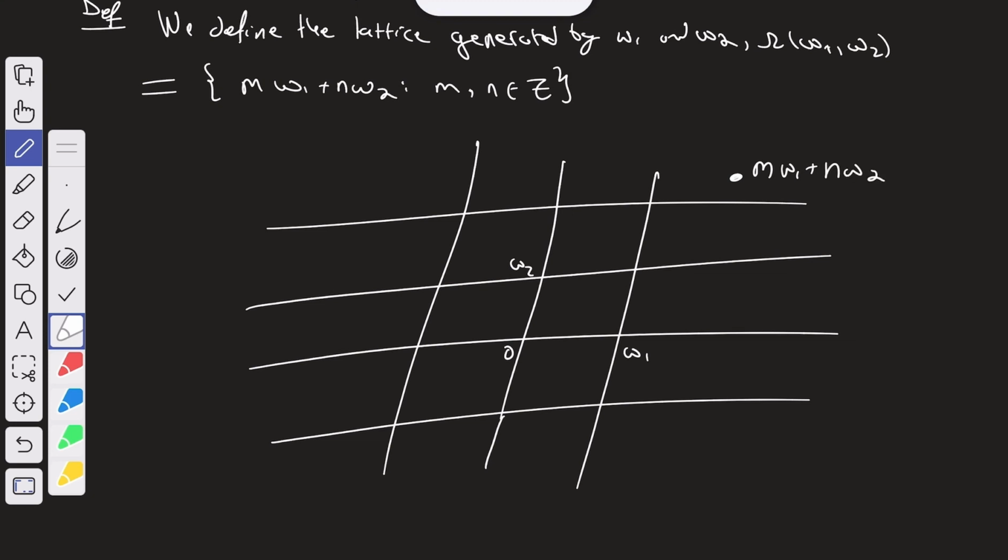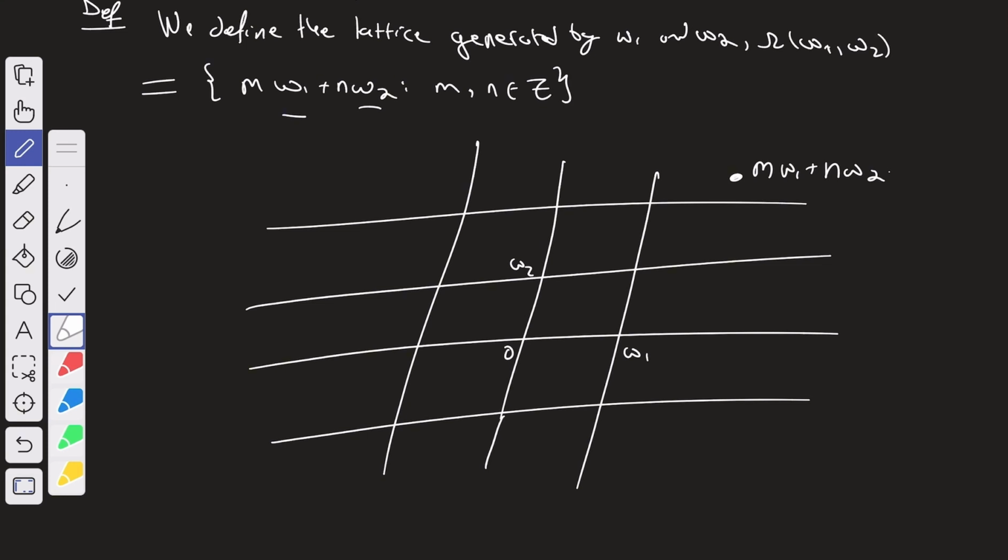I call these periods because, as you see, if omega 1 and omega 2 are periods of a certain function f, then by induction it's clear that an integer linear combination of these is also a period.